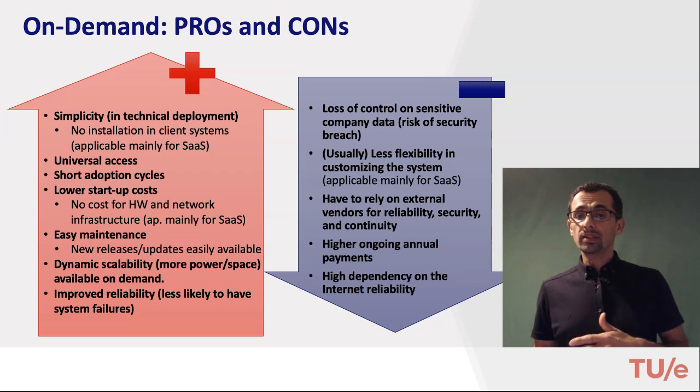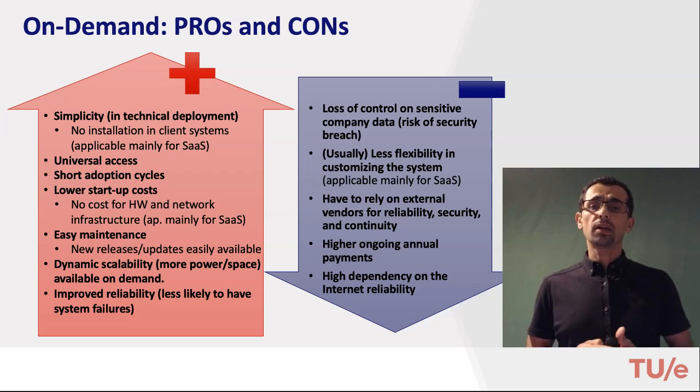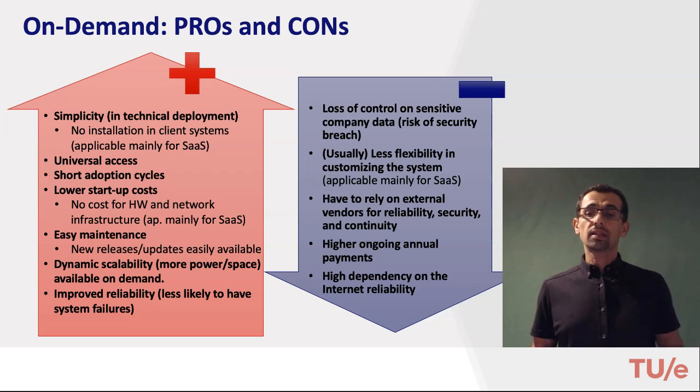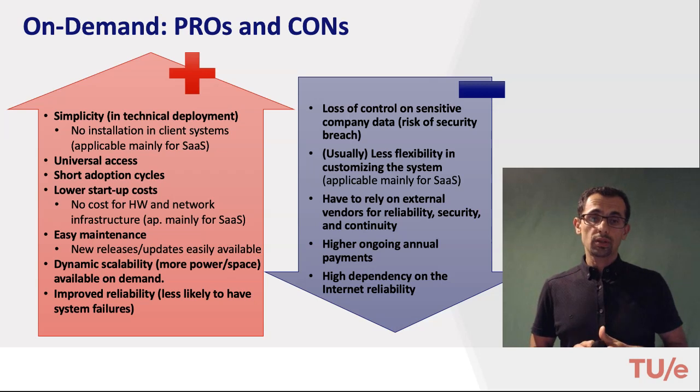How about the disadvantages or cons? Perhaps the number one drawback is the loss of control over sensitive company data and taking the risk of a security breach. After all, not many companies would be fine with having their sensitive information on the internet. The second point is this.